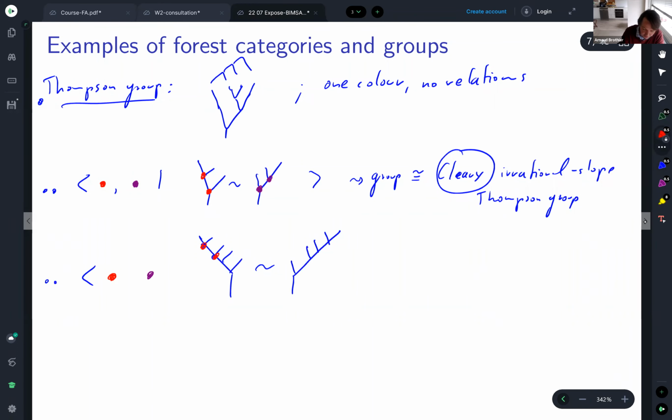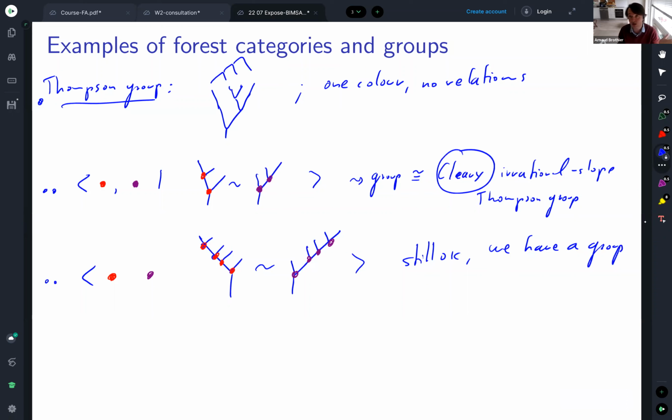That also gives you a nice category, and you still have a group. We have a group. And in fact, you can show that all these groups are pairwise non-isomorphic, by the way. So I already have a one-parameter group, but in fact there are tons of others. There are many others.